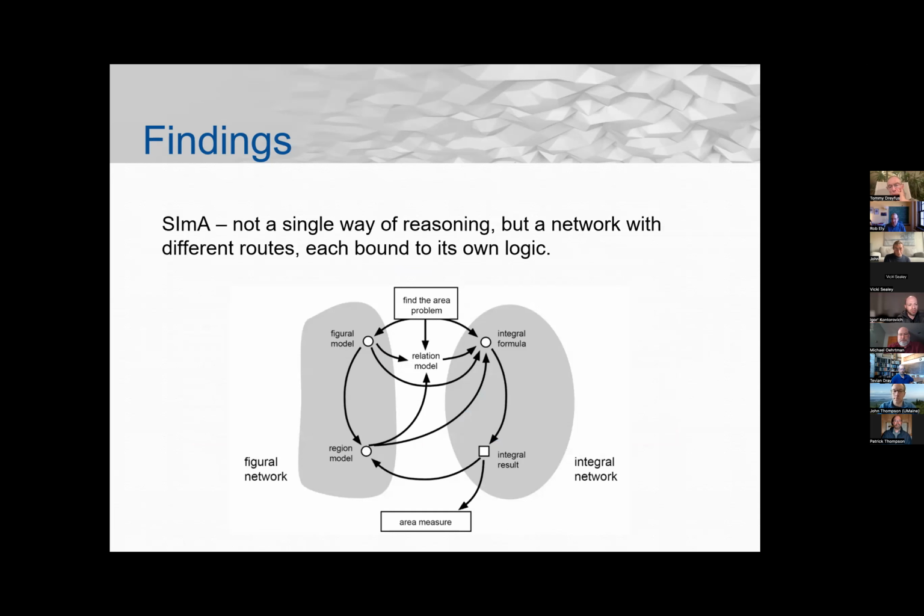We were able to identify different stations along this network, something we call the figure network, which is based on the figures, what the curve looks like and what the area looks like, and the integral network. In each of these stations, there is potential for different sorts of confusions when they try to apply SEMA. So this is the qualitative part of this work that shows what students can do in this regard.